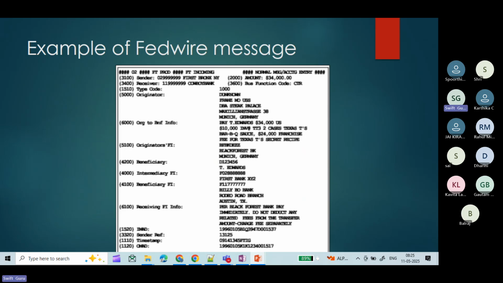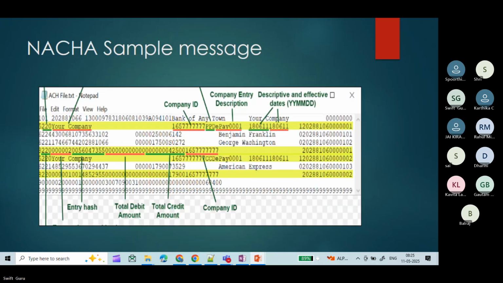In order to understand it, they would have also created the message standard handbook to decode what exactly these particular fields capture, the kind of data they capture, right? It is only understood by Fedwire and its member subscriber banks, and none of the other banks around the world or any other payment scheme use this kind of messaging format in their systems.